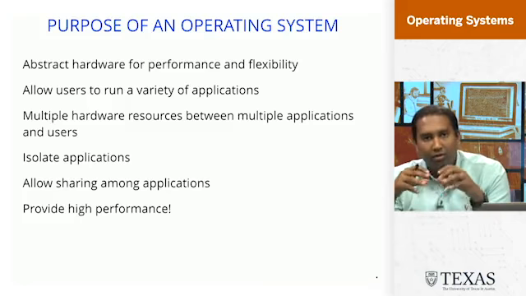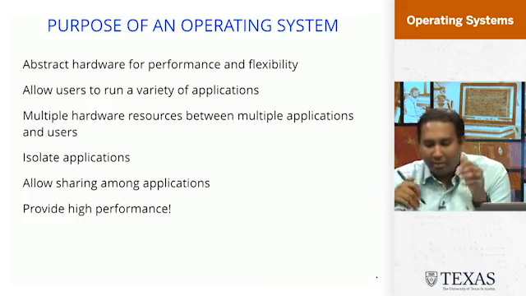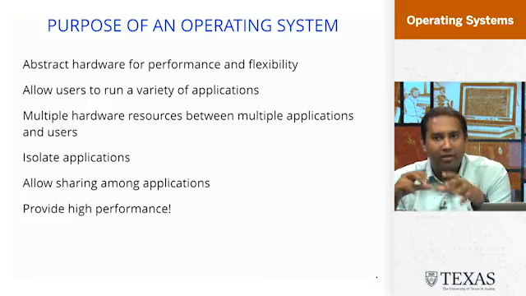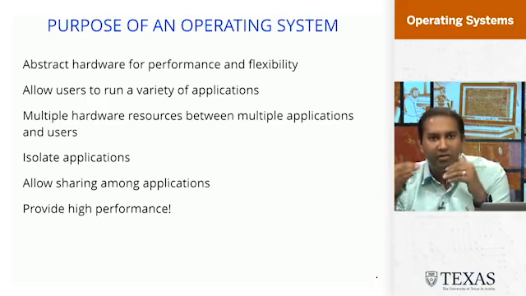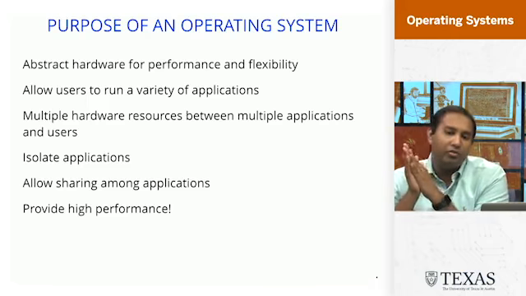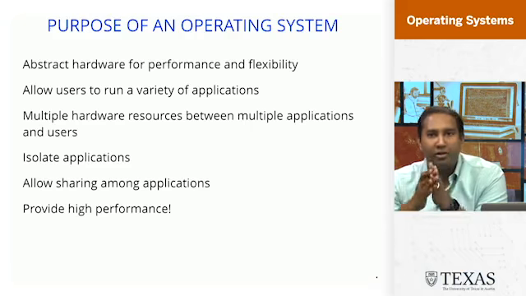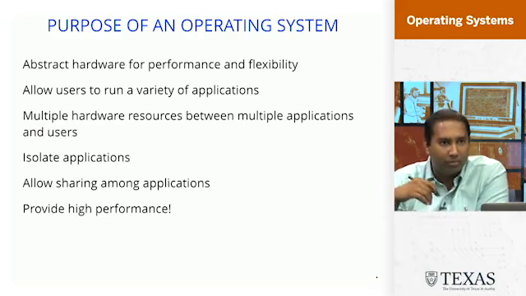Another thing that the operating system does is that there may be multiple users on the same server or desktop, and they may all be trying to use the same hardware. Somebody has to mediate between all these different users and say, here, you can use the printer at this point in time, you can use this printer in the next time quantum, and so on. The operating system is actually doing that.